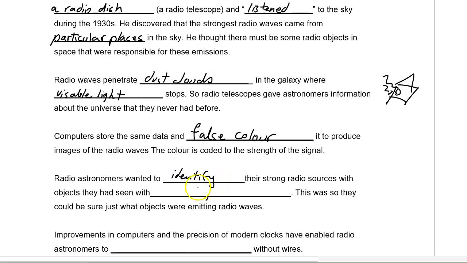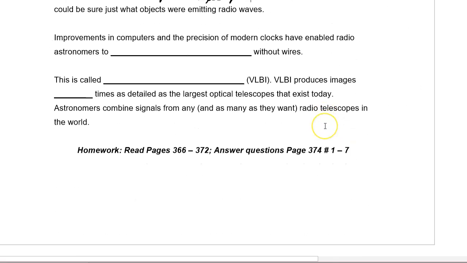They match strong radio signals with ones that they've actually observed before with optical telescopes. So if you've actually seen something and then somewhere else you can get a radio signal that matches, then it must be the same type of object, even though you can't actually see it.